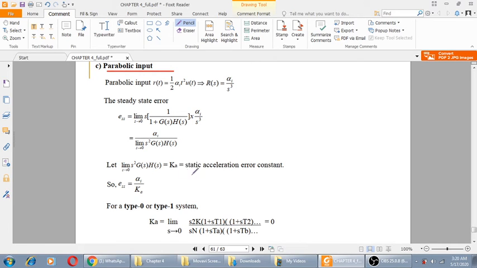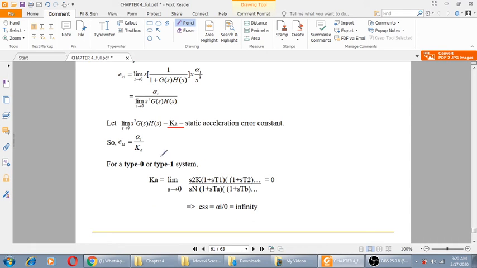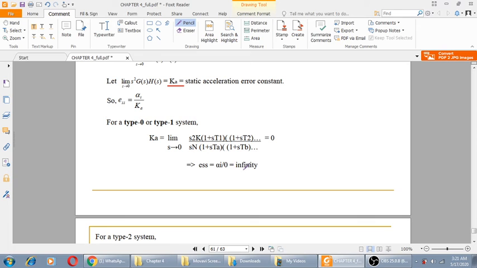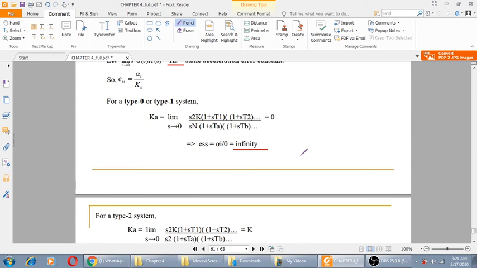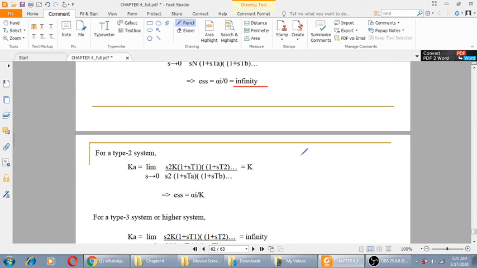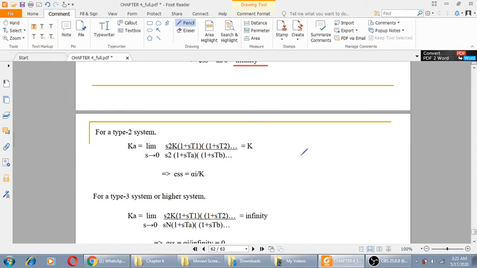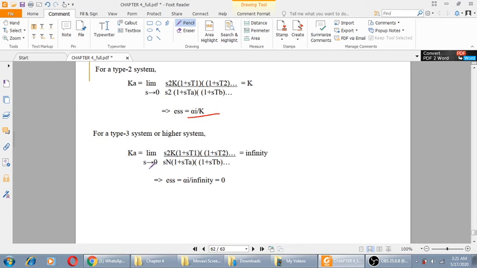In this case we have another constant which we call K_a. It doesn't matter, it could be any constant. So e_ss will be alpha_i divided by K_a. If it's a type 0 system, then you are getting infinity. If it is a type 2 system, then it comes alpha divided by K. If it's a type 3 system, it comes 0.